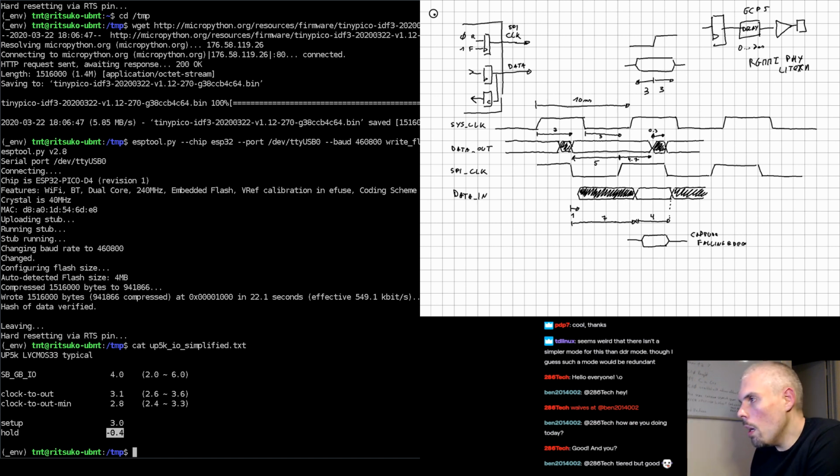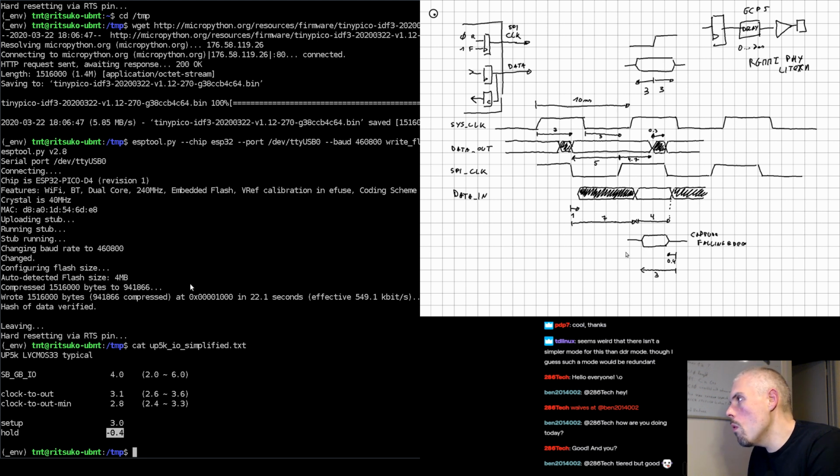So that would be our capture window if we use the falling edge of the clock. Now the question is, does that work or not? So here we have 0.4, and this is 3 nanoseconds. So the question now is, does this fall inside of this?